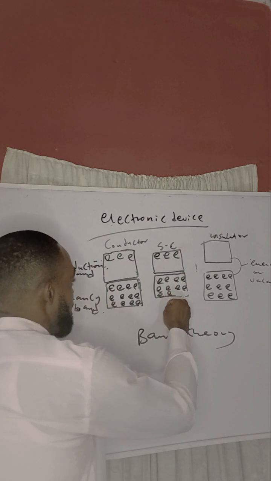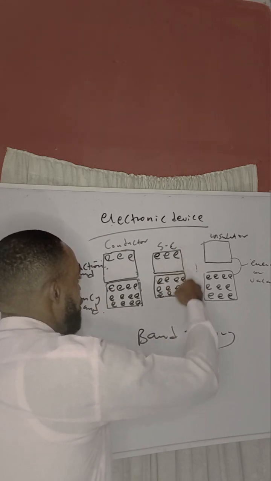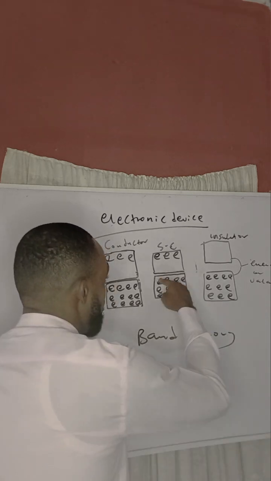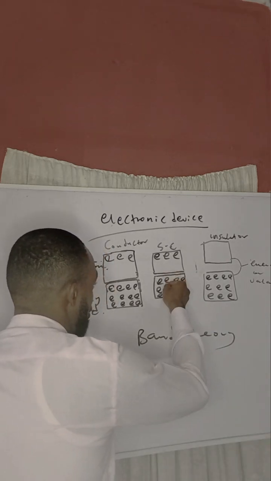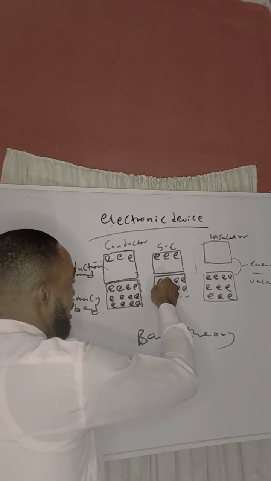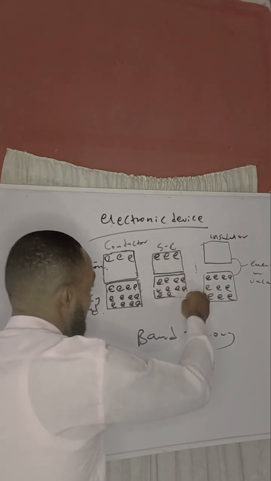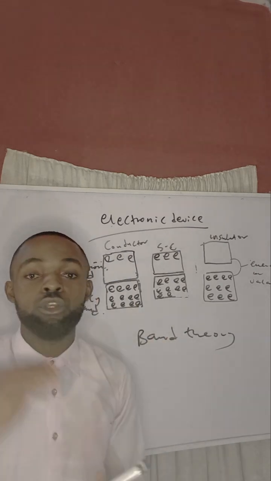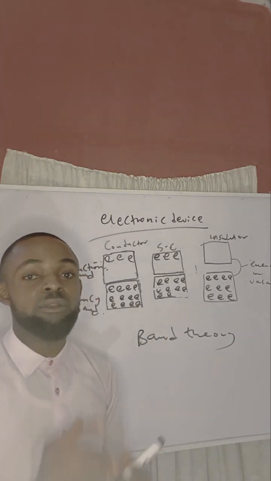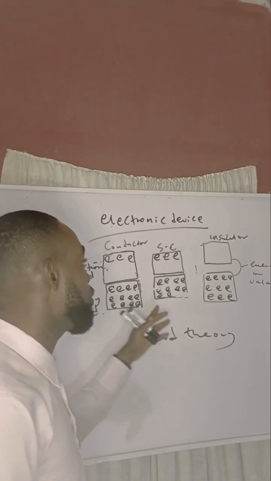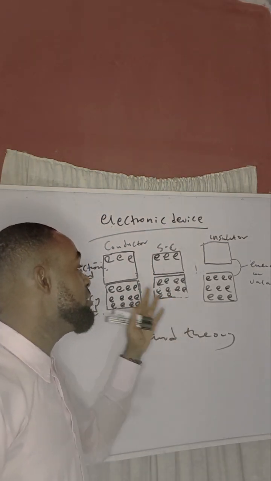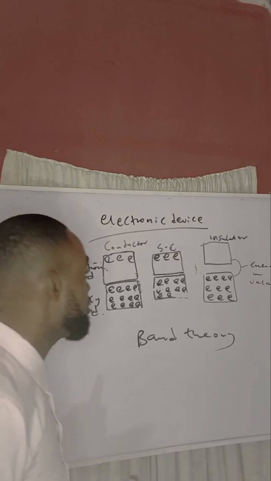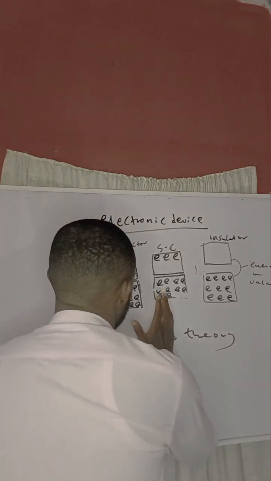When heated, the electron is energized and jumps from the valence band to the conduction band by creating a hole. A semiconductor conducts electricity by holes and what? Electrons. So that is all about the semiconductor.